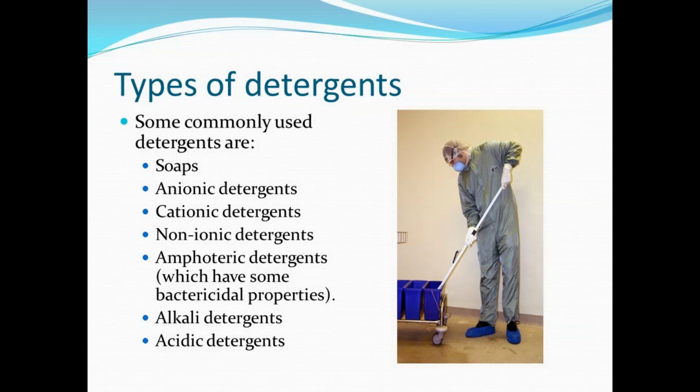More often for the clean room, some form of neutral detergent is a good idea, because it's important to ensure that any residues from the detergent do not interfere with the disinfectant and stop it working properly.